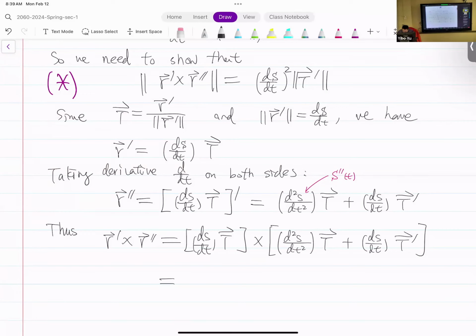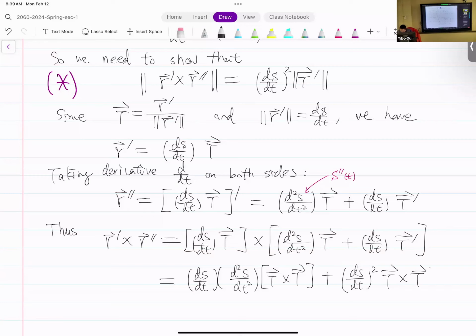Here we have ds/dt times the second derivative of arc length, and then we have T cross T, plus, in front of T cross T prime, that's actually (ds/dt) squared, right? Let's put it in the bracket.